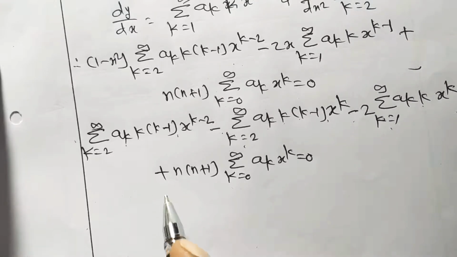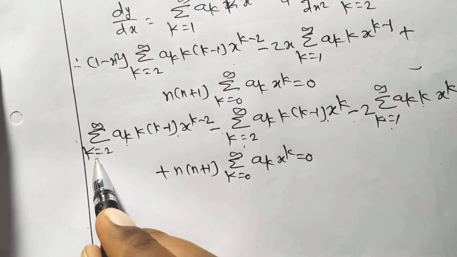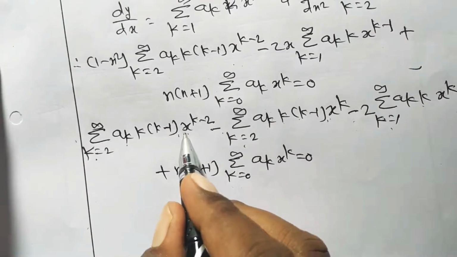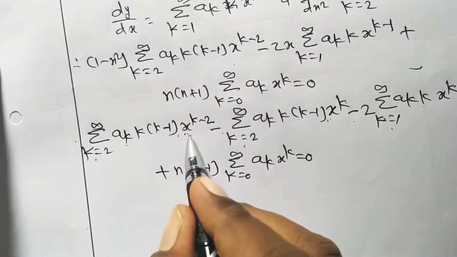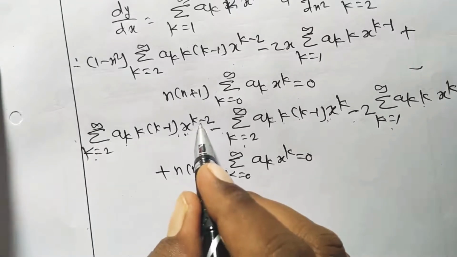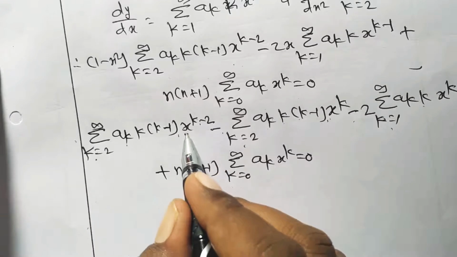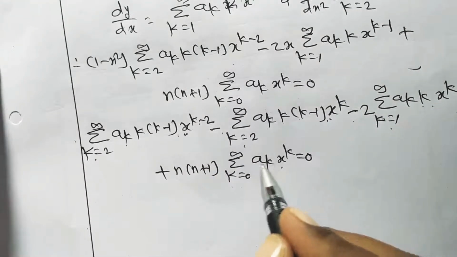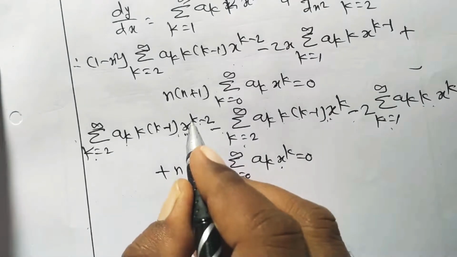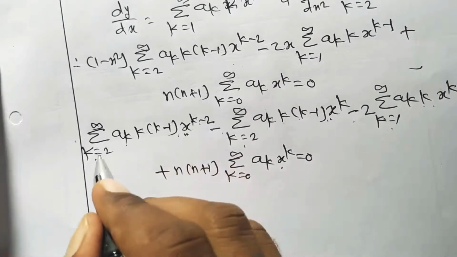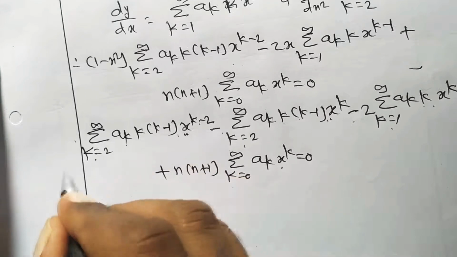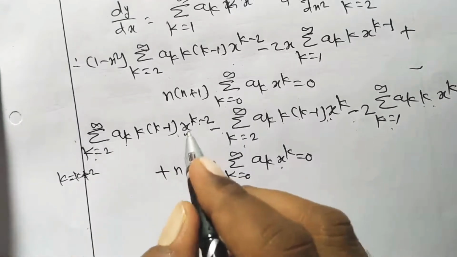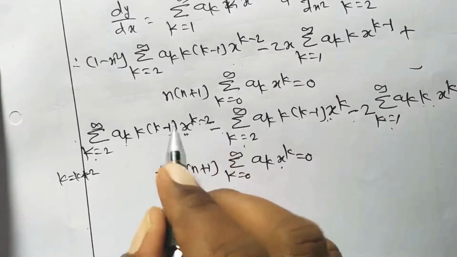So for that we have to make the power of x the same. In the first series the power of x is k minus 2, so we have to make it k, because here it is x raised to k, here x raised to k, here x raised to k.